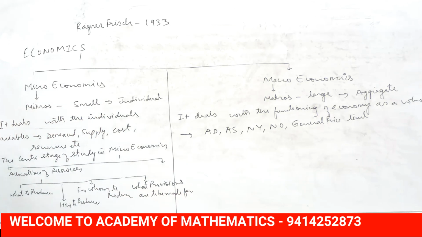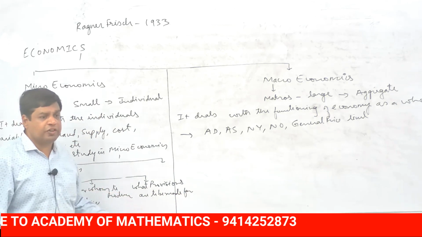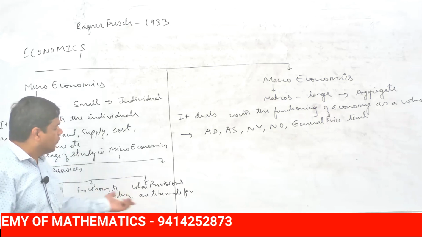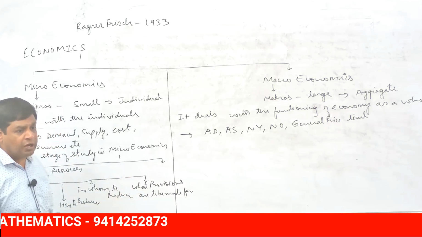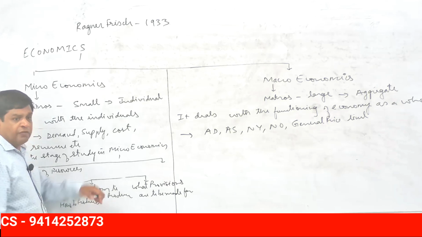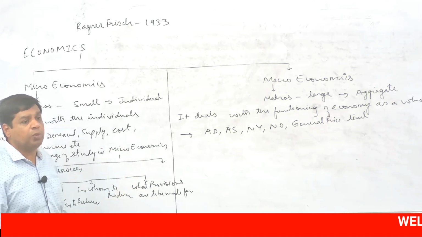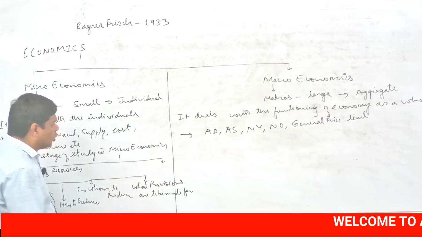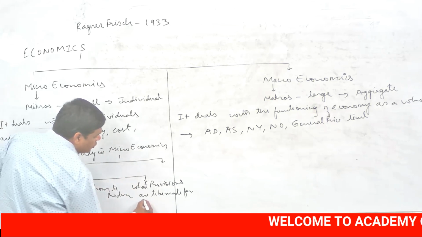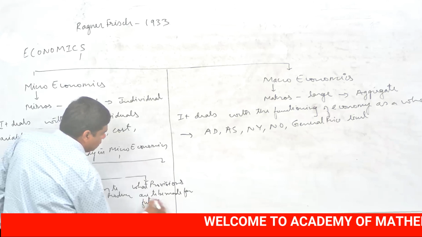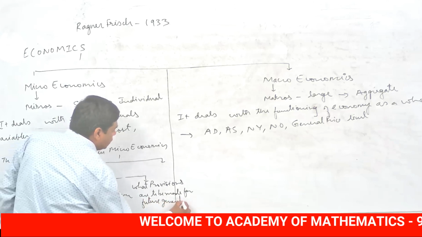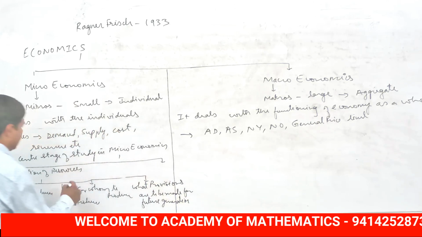That means we have to also think for the future, because the resources are limited and we want that future generations should have the same standard of living that we are having, or they should have more. So these are, we can say, the allocation of resources.